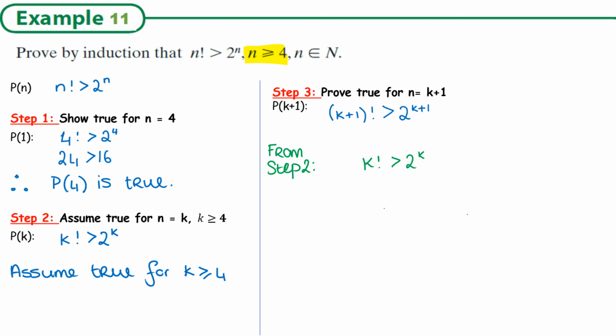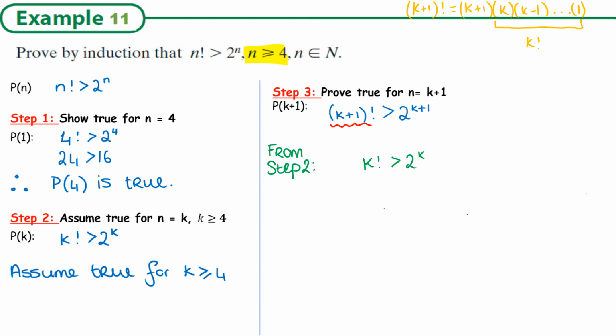Now, I have on the left hand side here a k plus 1 factorial. And what k plus 1 factorial means, and I'll do it up here, is k plus 1 times k, times k minus 1, all the way back down to 1. So actually this part here is just k factorial.